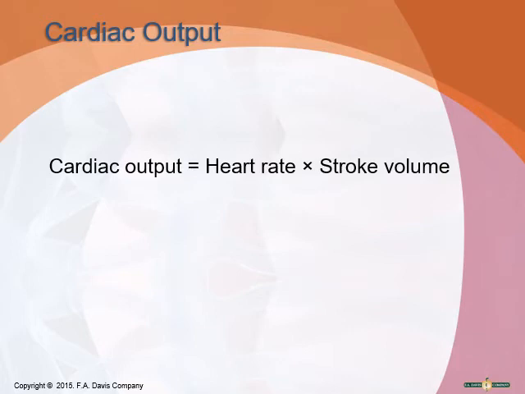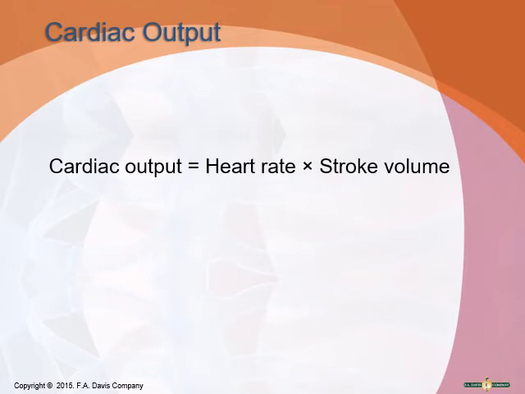You can actually calculate the workload of your heart by measuring the cardiac output. Cardiac output is basically how much blood your heart can pump within 1 minute. Here's the equation on the slide. First, you have to find your heart rate, which is how many beats per minute.